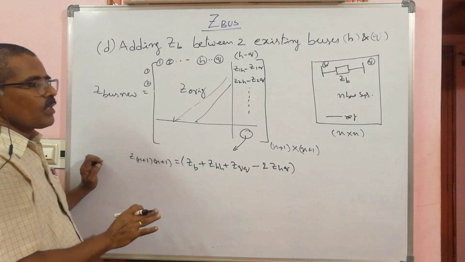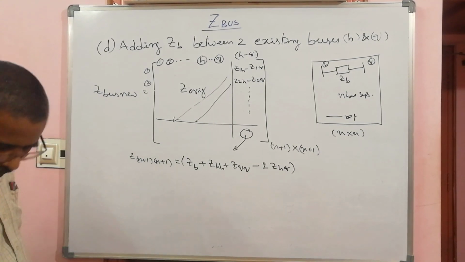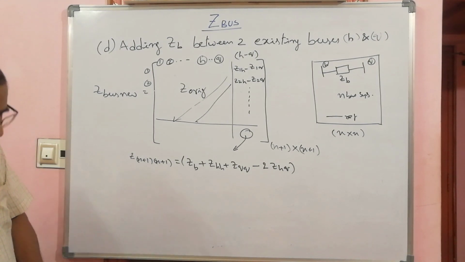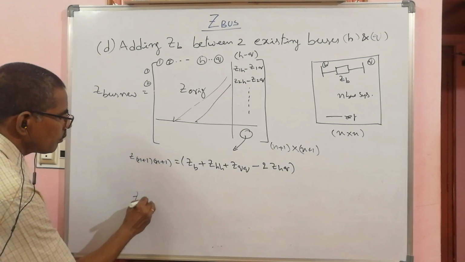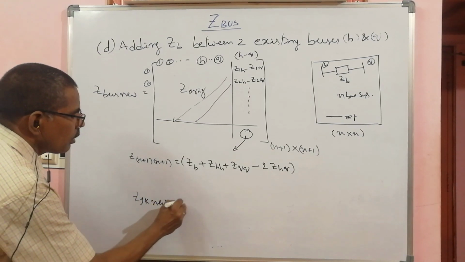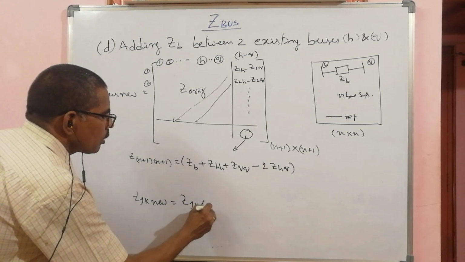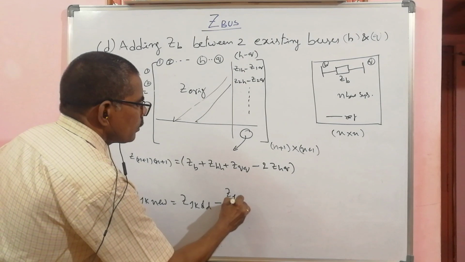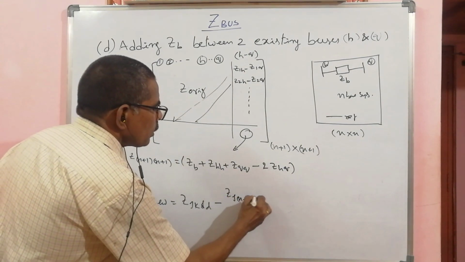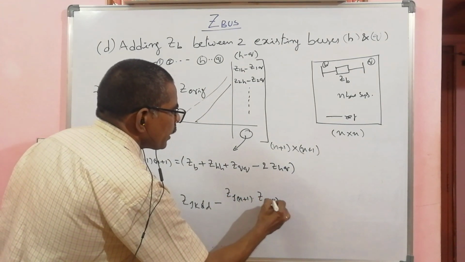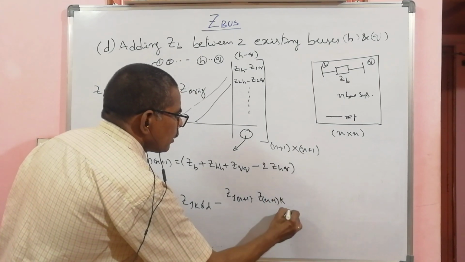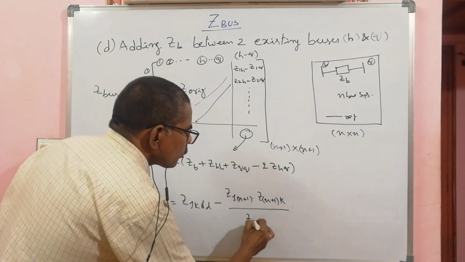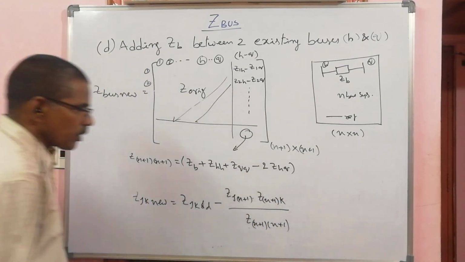Okay. So what is that formula? The formula is Zjk new is Zjk old minus Zj,n+1 times Zn+1,k divided by Zn+1,n+1.